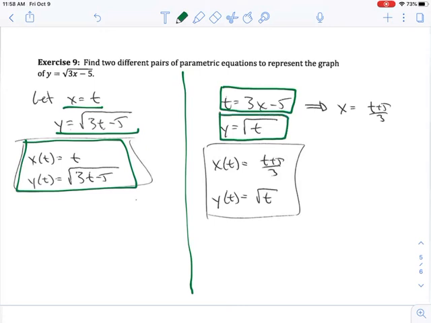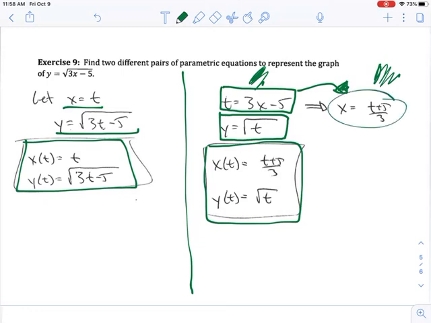And to write this in the proper form, we need to take the first one and solve it in terms of x, or x as a function of t. Here, t is a function of x. Here, x is a function of t. And so that's just a little bit of algebra. And so x of t is equal to (t plus 5) over 3. And y of t is the square root of t.